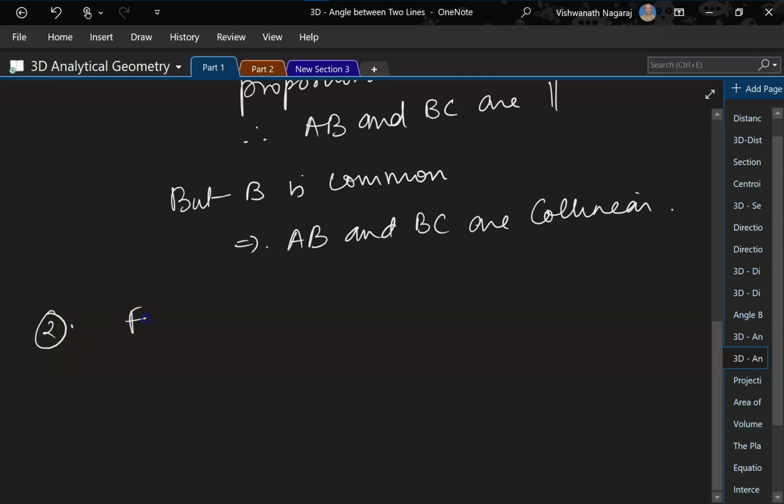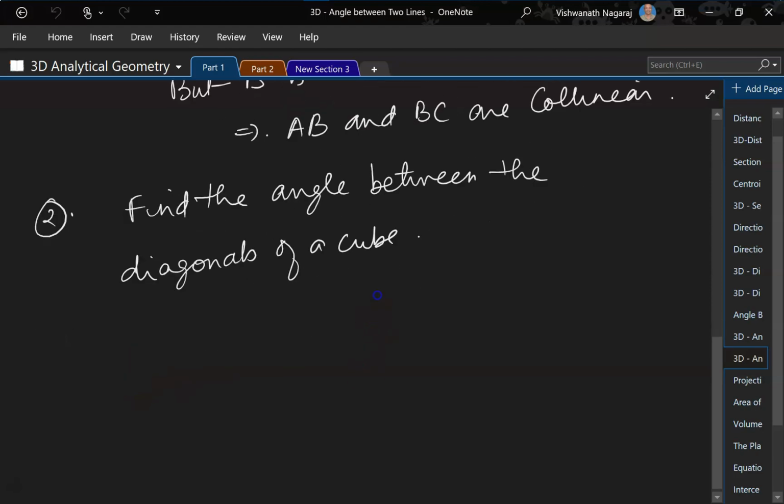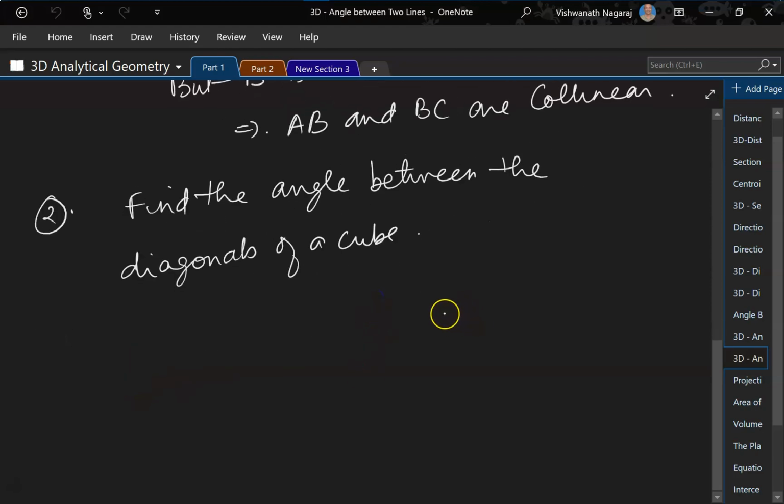Now we have to find the angle between the diagonals of a cube. So let's draw a cube first so that we get an idea. Let's draw a cube, with this as the back side.